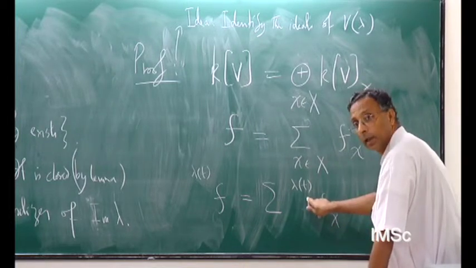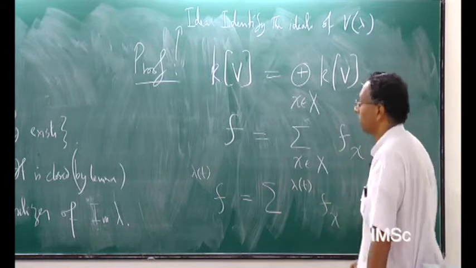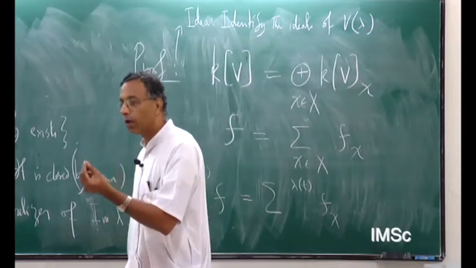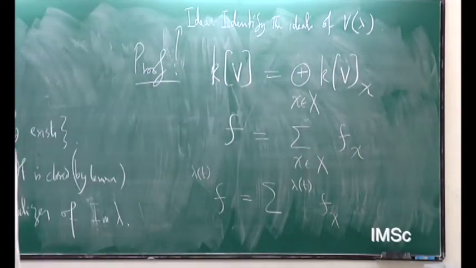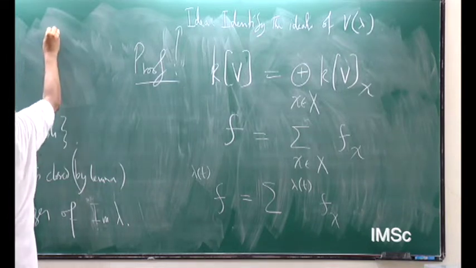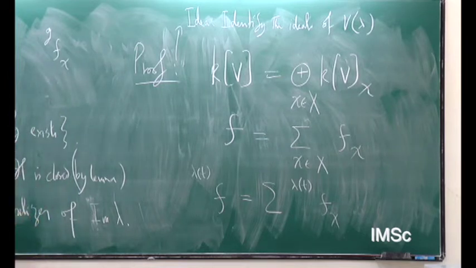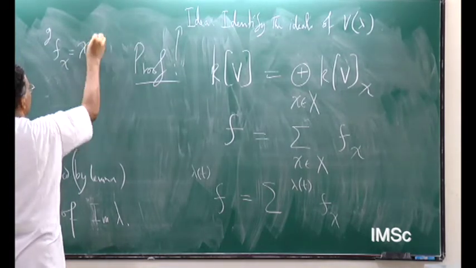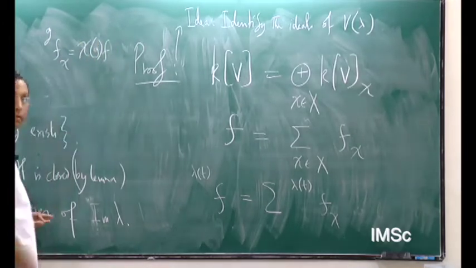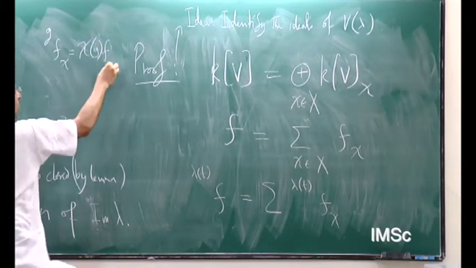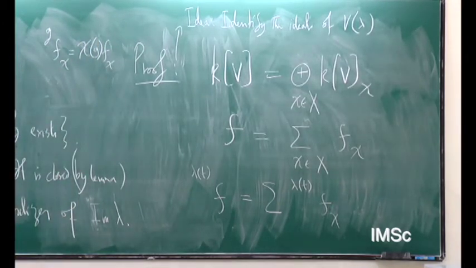T acting on... sorry, I'm using T also for the element of the torus, and T also for the element of the G_m, so let's use G for a minute. G f chi is equal to chi of G times f chi. That's what it means to be an eigenvector.